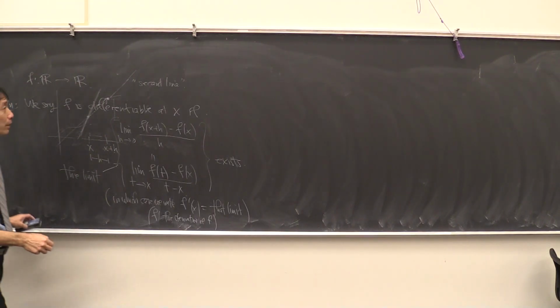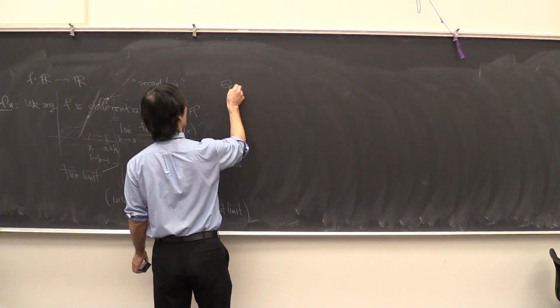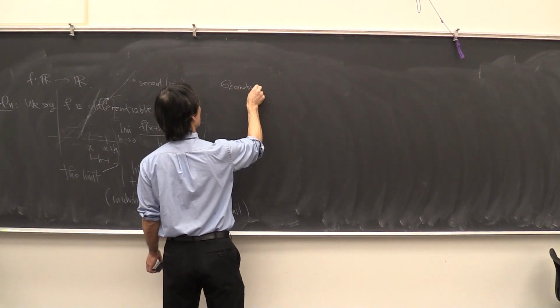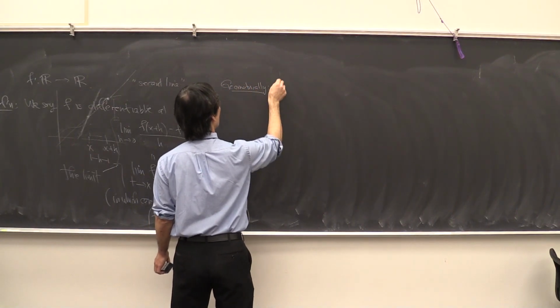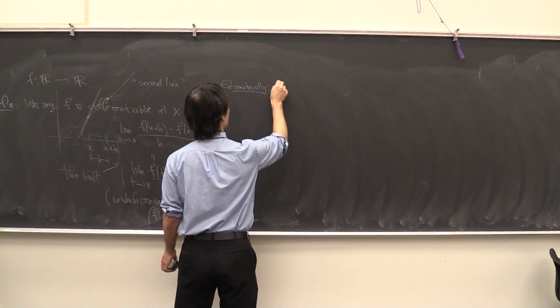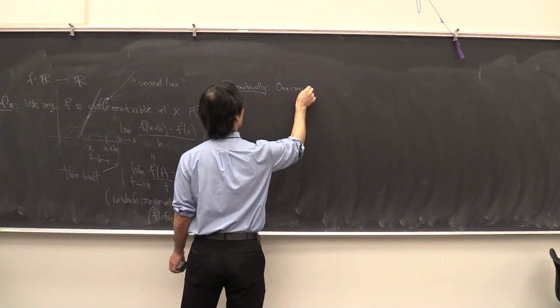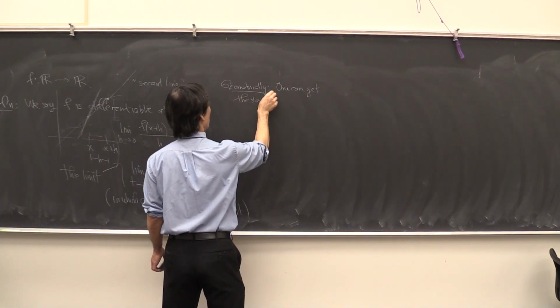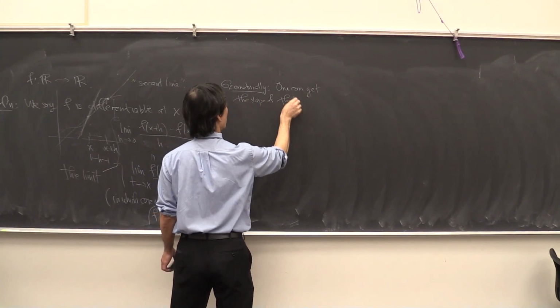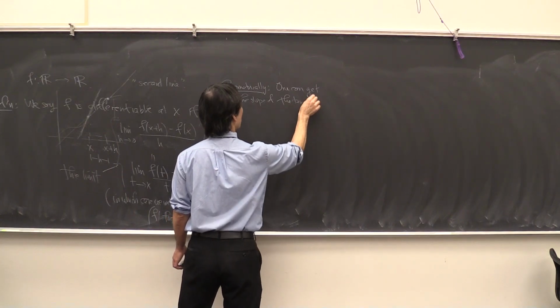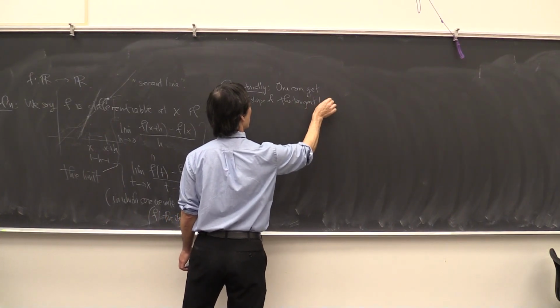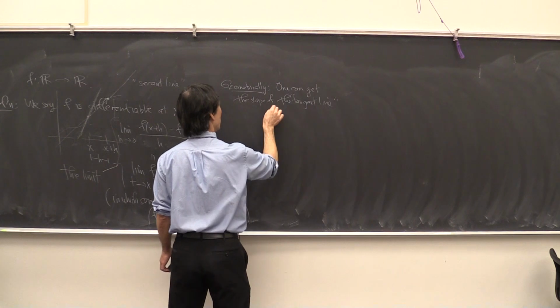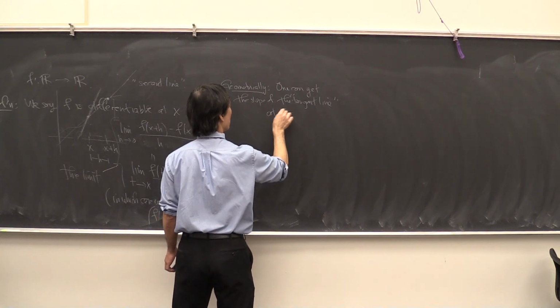So geometrically, one can get the slope of the tangent line, the so-called tangent line, at that point.